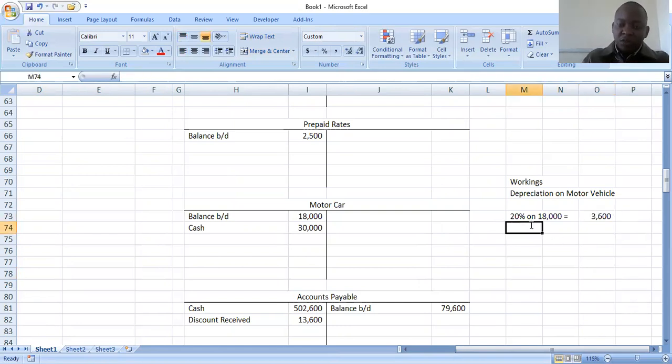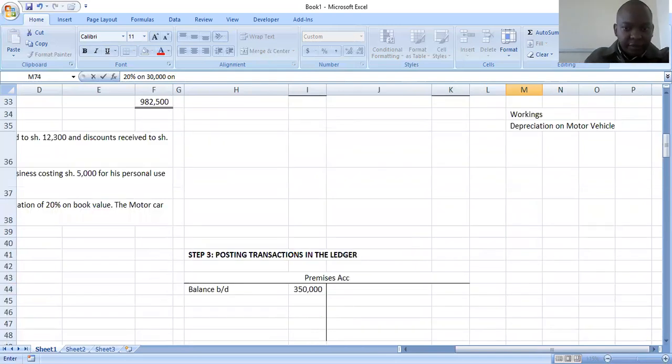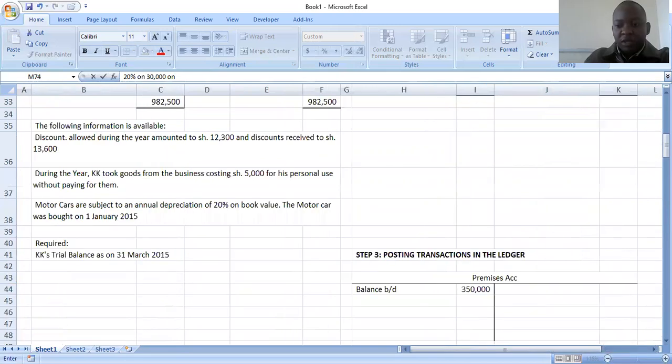And then you have the depreciation on the new motor vehicle of 30,000 shillings. But the motor vehicle was obtained in January 2015, and we are currently in March 2015.